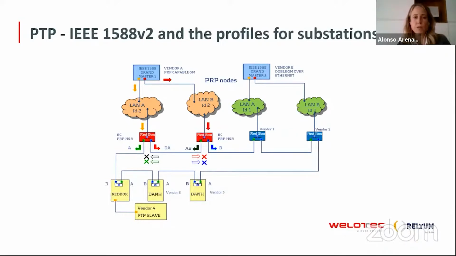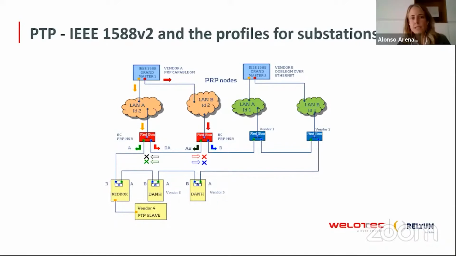They probably have two devices with two GPS, so they send their own PTP supervision frame to the network. And in the middle, at the connection of the HSR ring to one of the PRP networks, we have red boxes that are implementing boundary clock. So there's a two-way transformation between PRP and HSR, and also between the two time references.